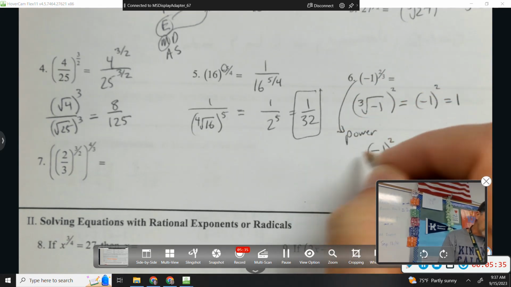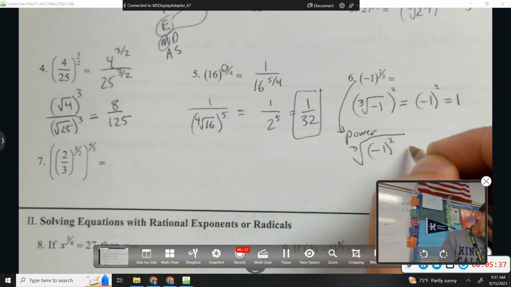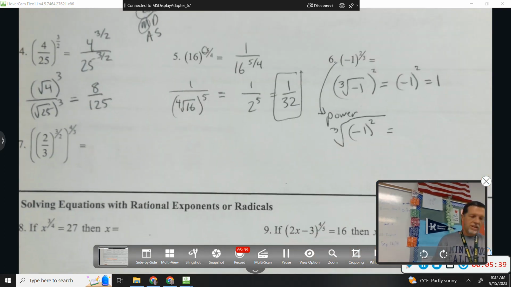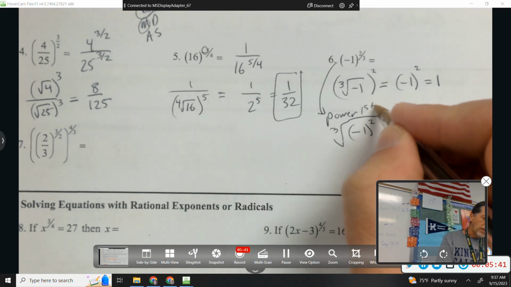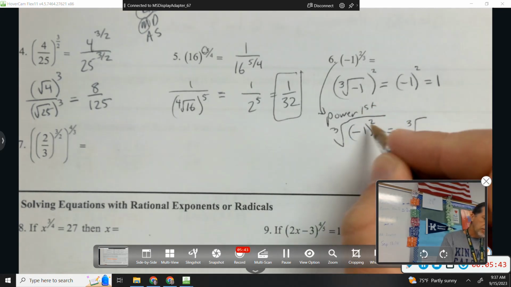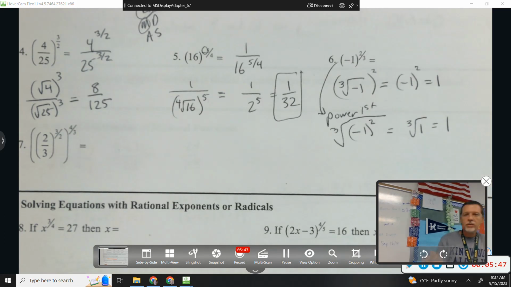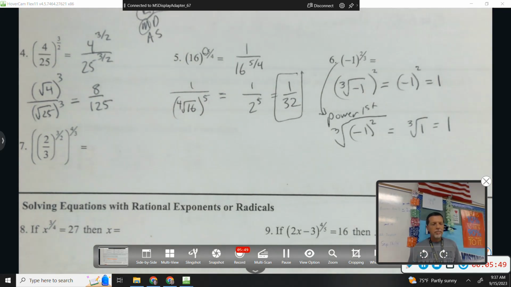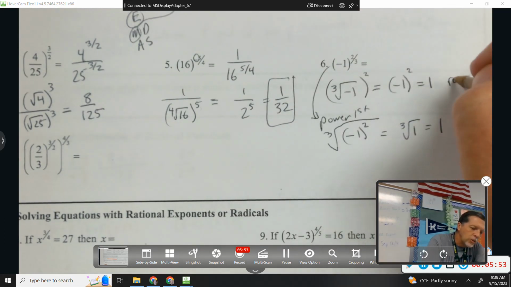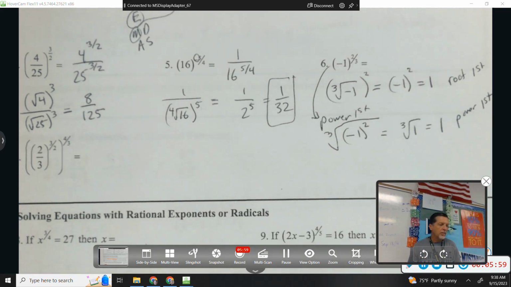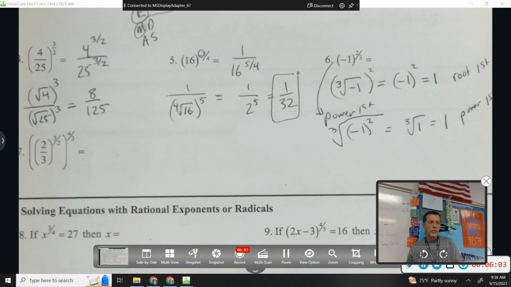Negative 1 squared, and then the cube root of that, if you want to try the power first. Squaring negative 1 gets us 1. The cube root of 1 is 1. So you don't need to do it both ways, but that kind of illustrates root first versus power first. Hey, it doesn't matter. Just usually it's easier to do root first.